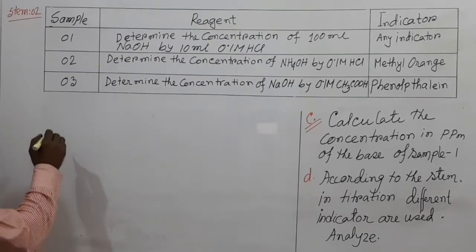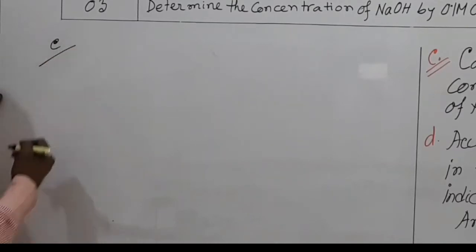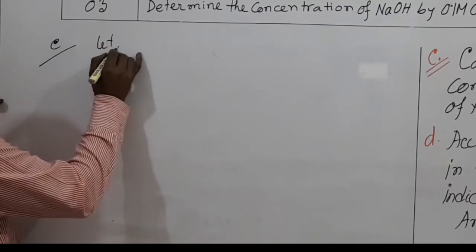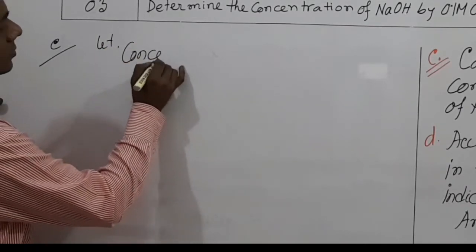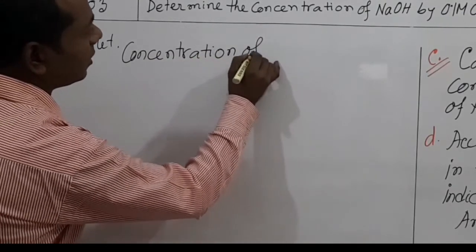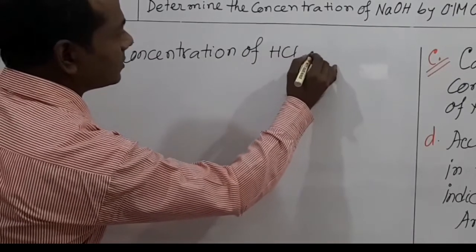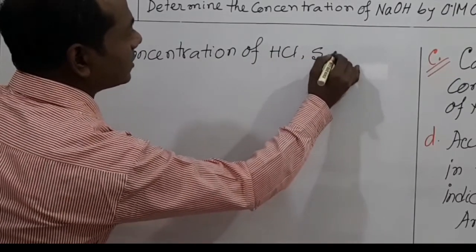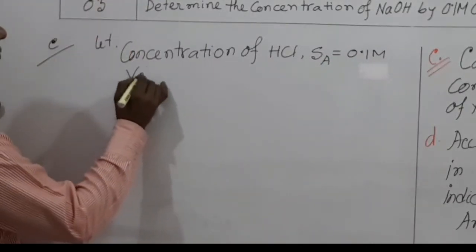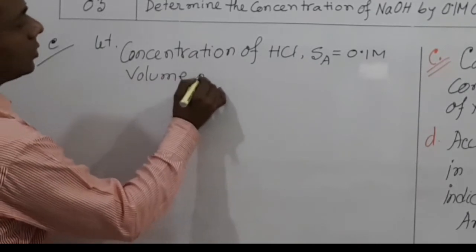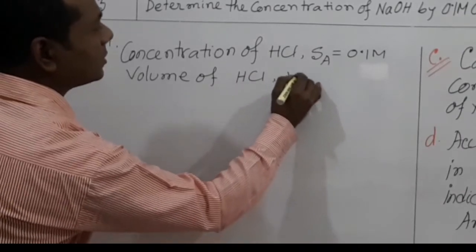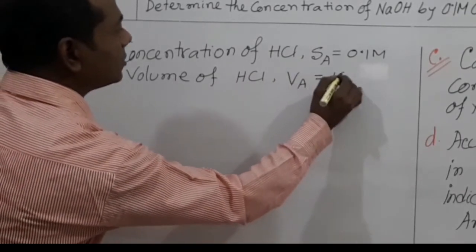My dear students, solution of question number C. Here let the concentration of HCl, that is SA, equal to 0.1 molar. Volume of hydrochloric acid, that is Va, equal to 10 ml.